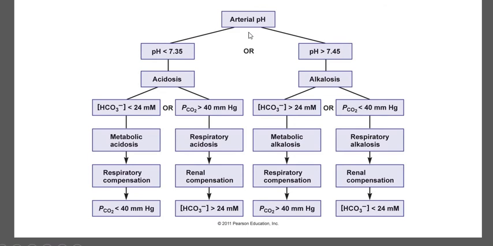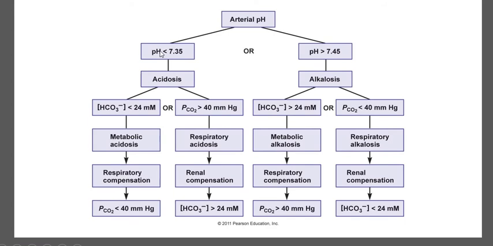Just pay attention to pH, partial pressure of carbon dioxide, and the serum concentration of bicarb. HCO3 is bicarbonate. I told you to memorize the normal values. I repeat, memorize the normal values.